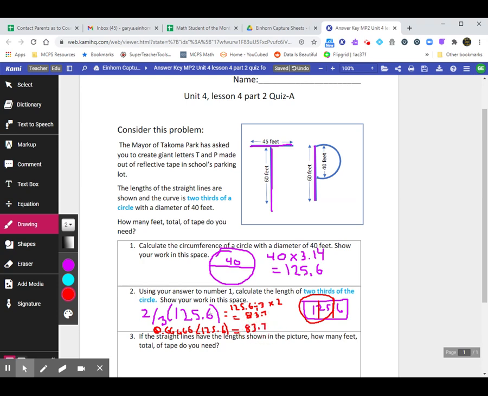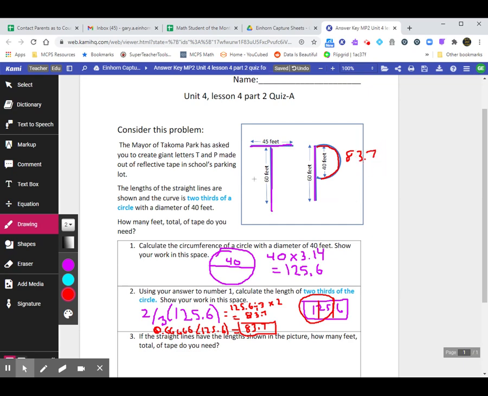So either way I do it, either divide by the bottom and multiply by the top, or multiply by the decimal, you're going to get 83.7. So this curve right here is the answer to number 2, 83.7.